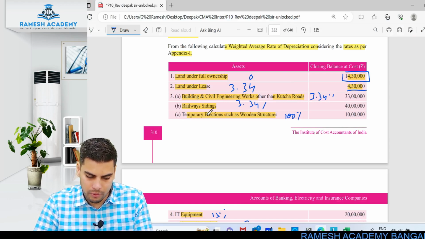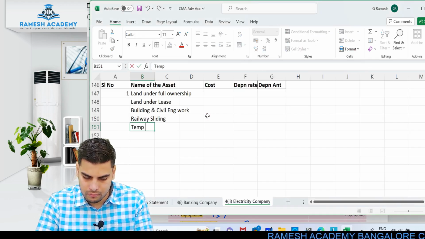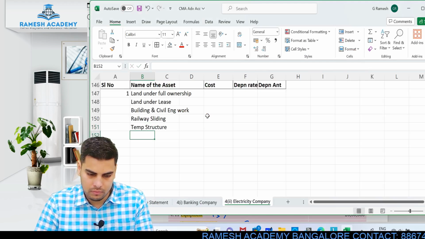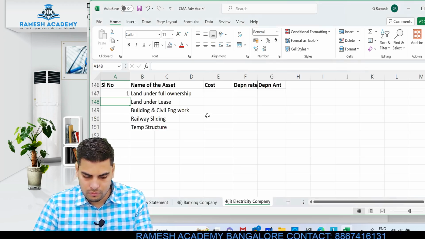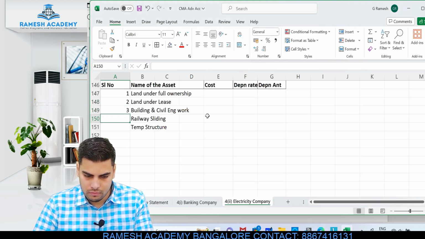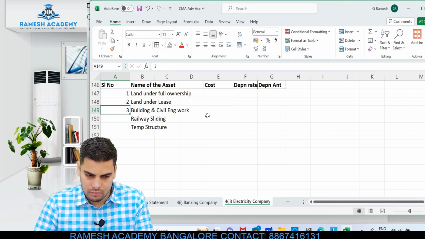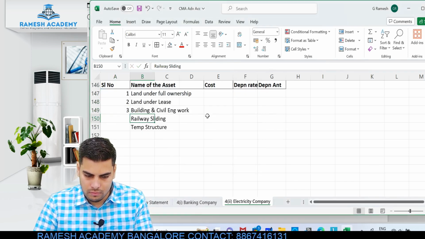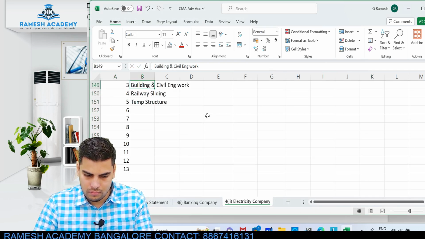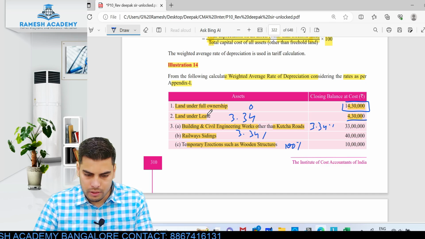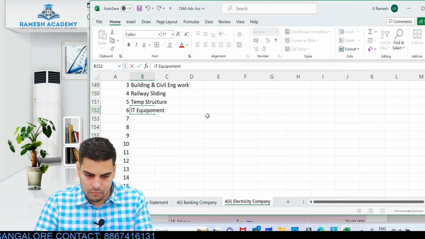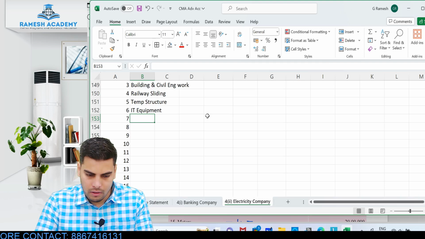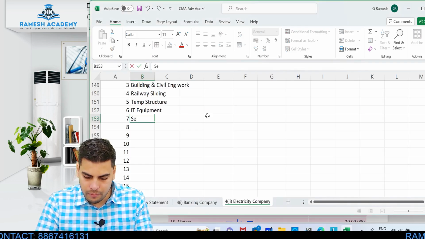Then we have got temporary structure. After temporary structure, what do we have? We got IT equipment. After IT equipment, we have got self-propelled vehicles.